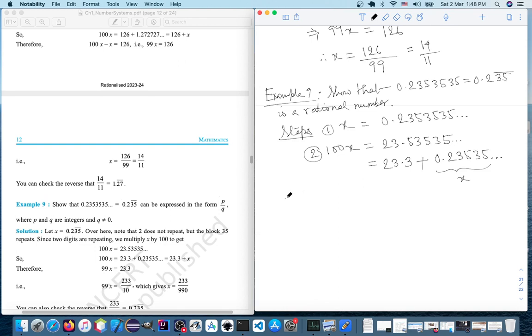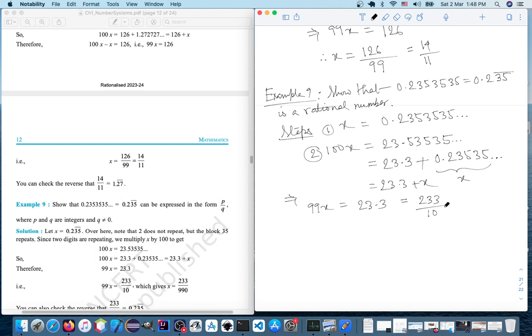So now we get 100x equals 23.3 plus x. This implies 99x equals 23.3. This is fine because 23.3 can be easily written as 233 by 10, so we can write it in rational form.